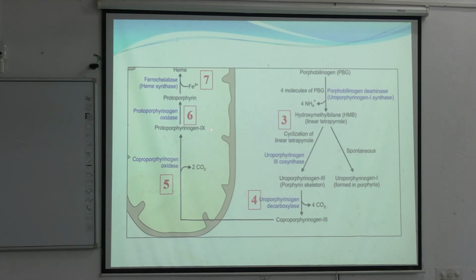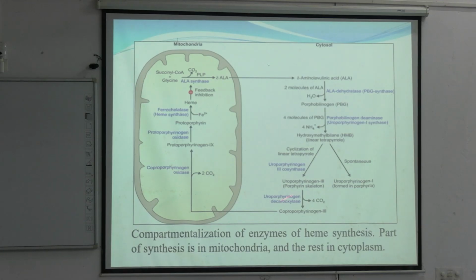Here protoporphyrinogen 9 and protoporphyrinogen 3 both are same. So here it is oxidized, again it is oxidized, and then protoporphyrin is produced, in which iron is attached by ferrochelatase enzyme to produce heme. Okay, clear? So the whole heme synthesis pathway looks like this.